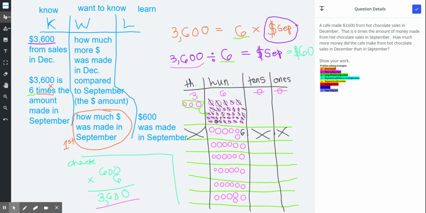We would take the amount made in December, which was 3,600, and subtract the amount we made in September, because we're trying to figure out how much more was made in December. So take 3,600 and subtract from that 600, we get a total of 3,000.